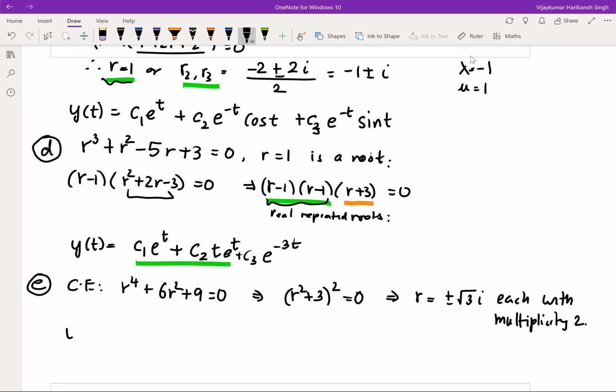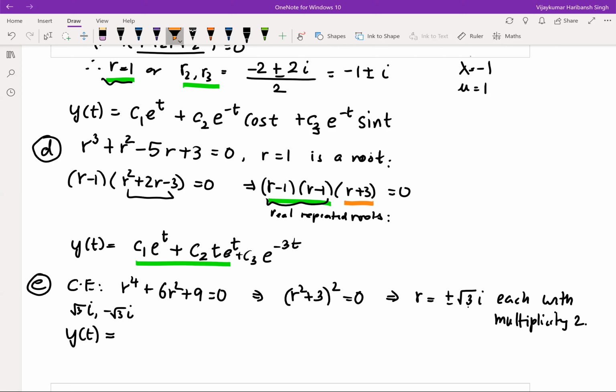We'll get y of t equals. So note that we consider the first root will be root 3 t, so root 3i and minus root 3i.